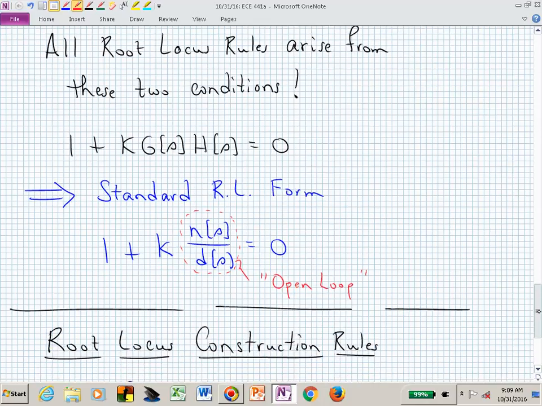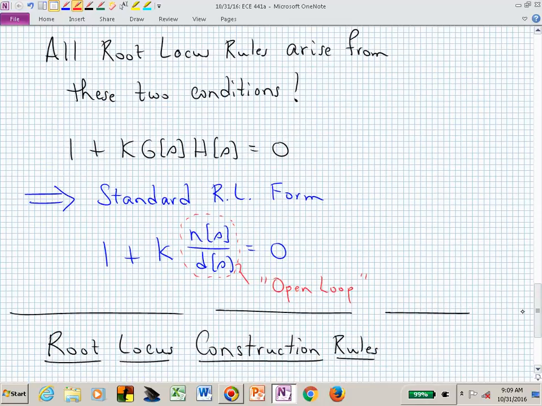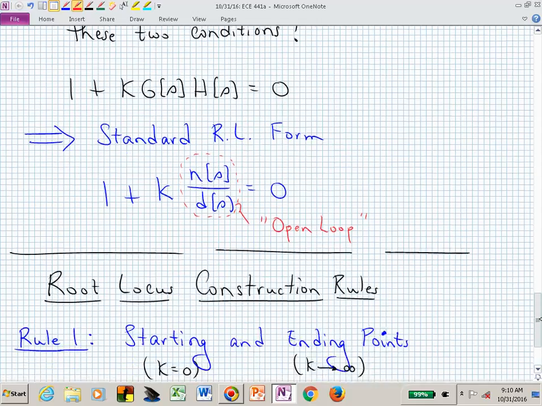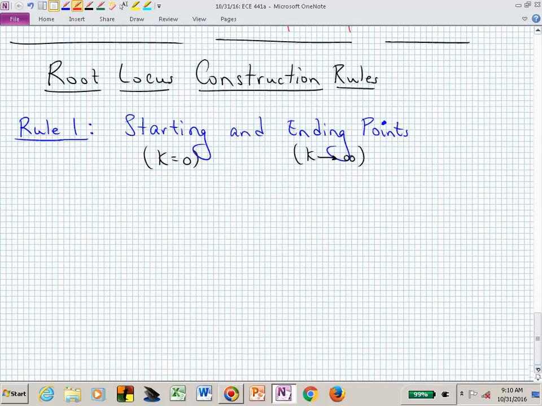What we want to do now is use that to create these root locus construction rules. In the previous lectures, if we had a characteristic equation that was very generic or arbitrary, we know now how to convert it into this standard form by dividing out all of the terms that do not contain the parameter k. Let's now get into the root locus construction rules.